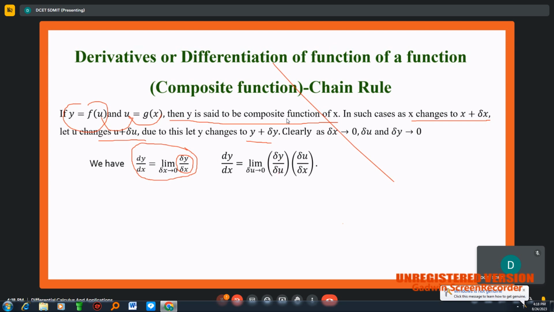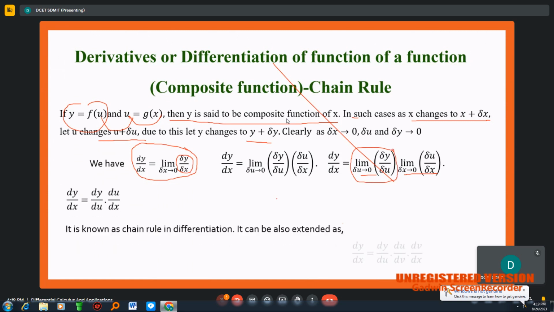Now again limit we are taking, limit delta y by delta u as delta u tends to 0, into limit delta u by delta x as delta x tends to 0. What is this? This is nothing but dy by du into what is this one? This is a differentiation with respect to x, that is du by dx.